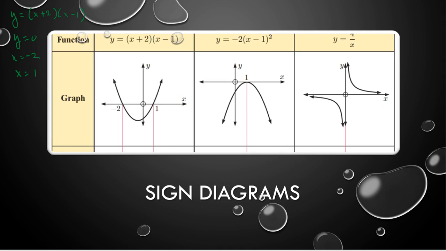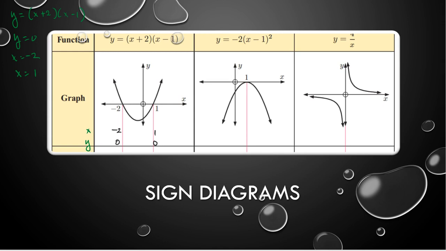So if you put your x here, and then your y here under, you have, when x is negative 2, 0. And at 1, you also have 0.